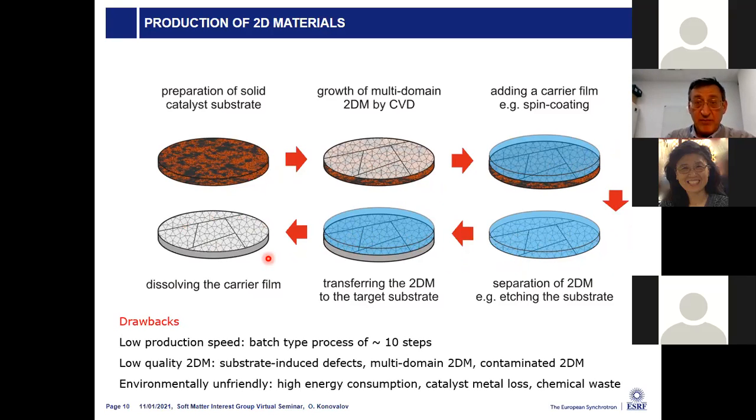First, there are many steps. This is time consuming. The quality of this 2D material is reasonably low because, due to the defects of the solid catalyst, the 2D material grown also inherits the defects from the substrate. And also we have some contamination due to the metal catalyst or due to the process which is going on afterwards.